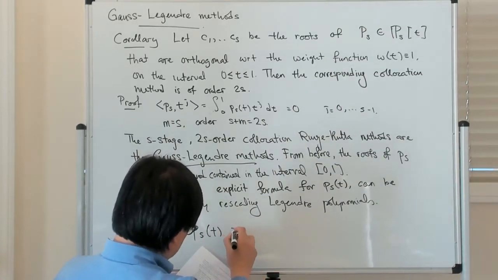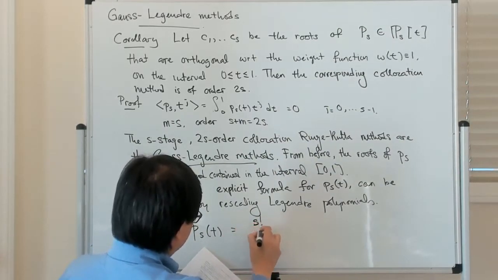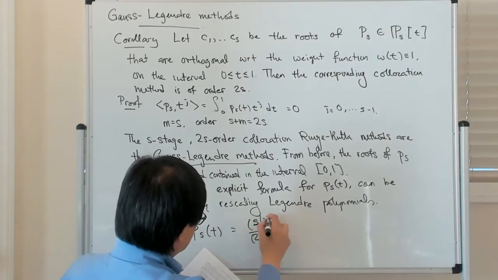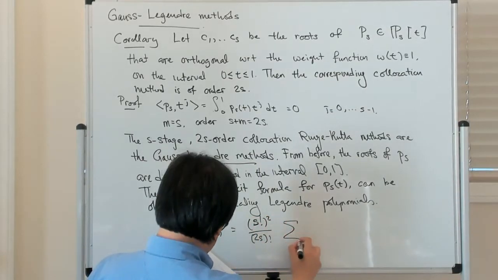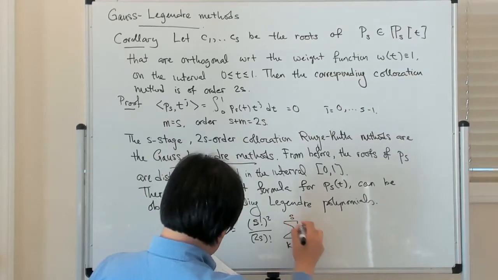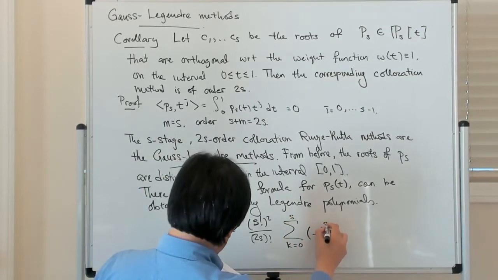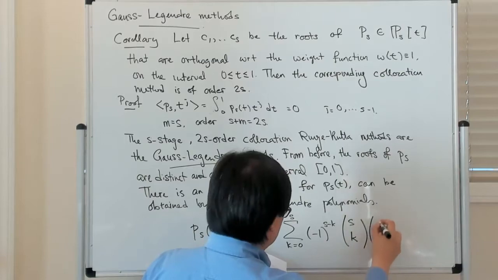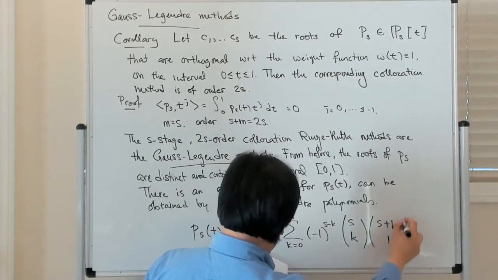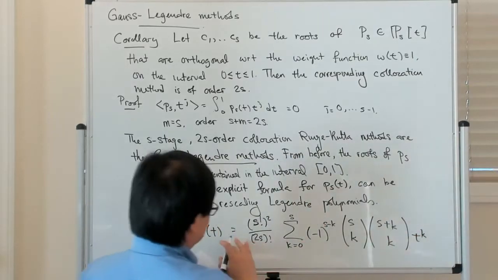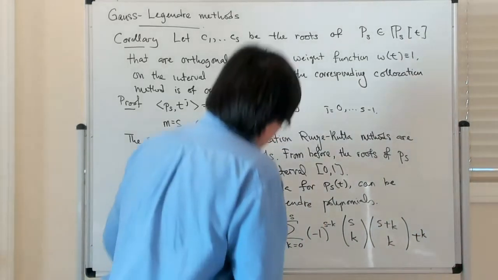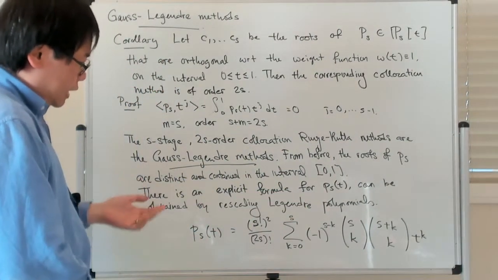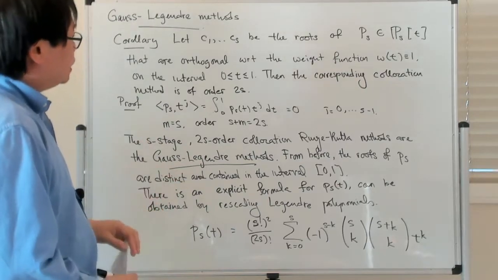So P_s(t) is equal to s factorial divided by (2s) factorial, and then this s factorial is squared, and then there's a sum from k equals 0 to s of (-1)^(s-k), there's an s choose k term, and then there's an (s+k) choose k term, and then there's a t^k. So this is something, of course, you can compute relatively easily. That gives you the monic version of the orthogonal polynomial.